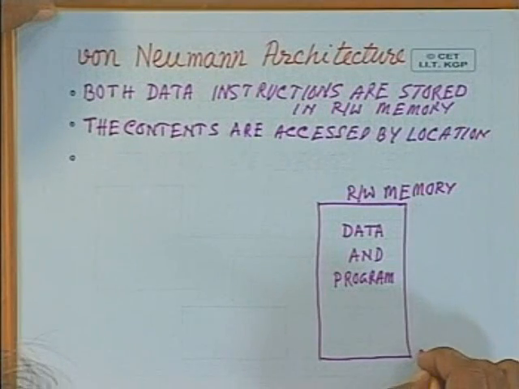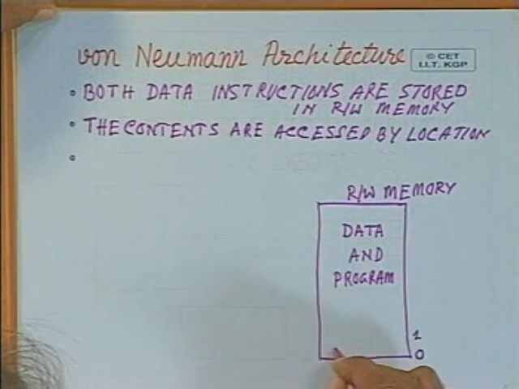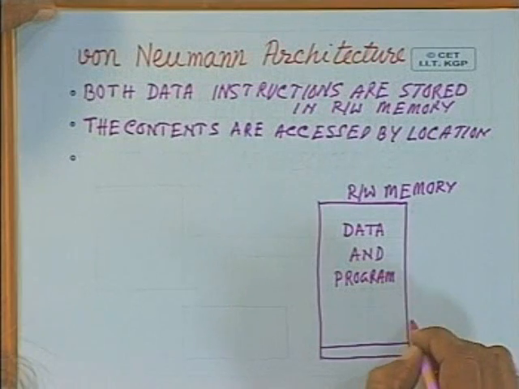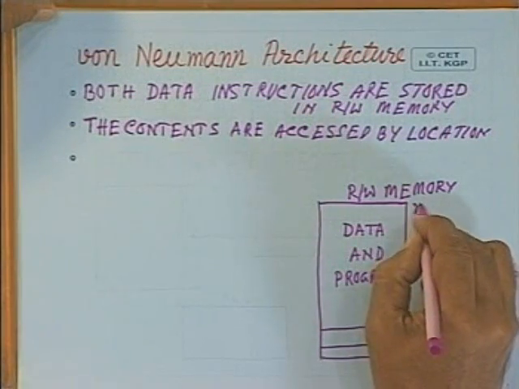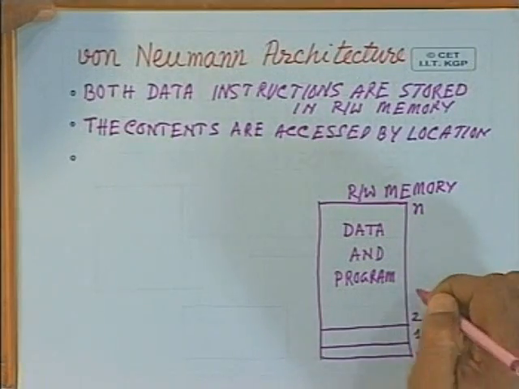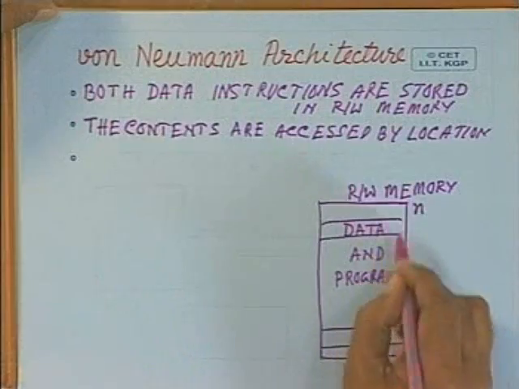For example, this is location 0, this is location 1, this is location 2, and so on. In this way, a memory may have n memory locations, and in these locations you can store data as well as program.